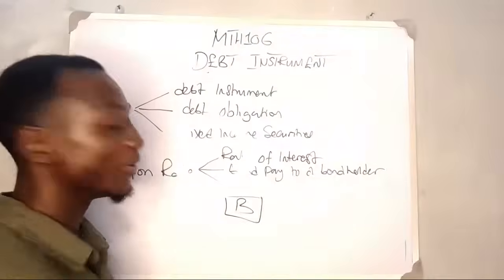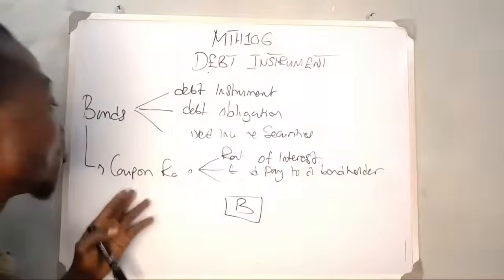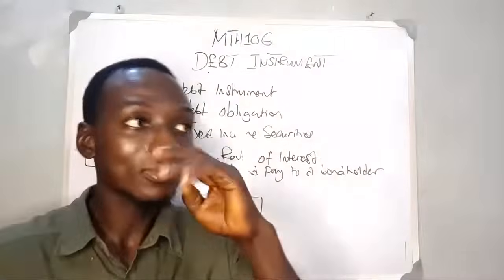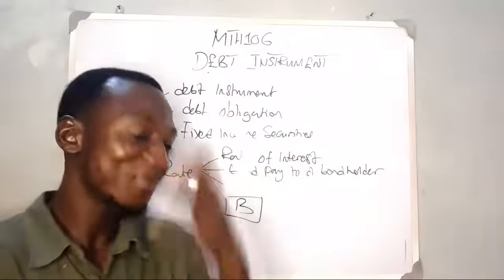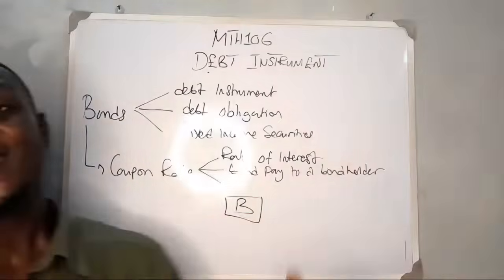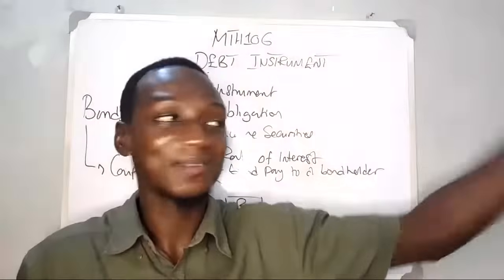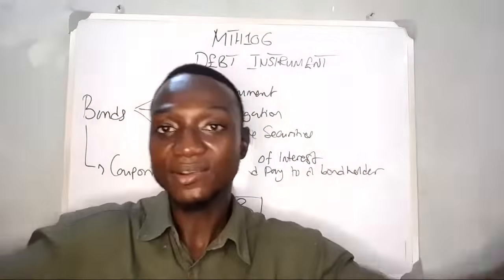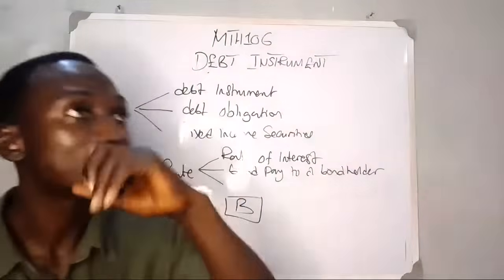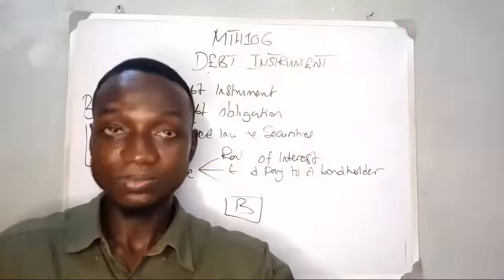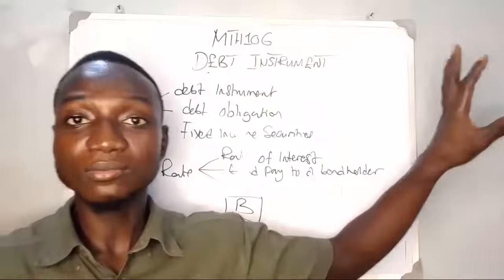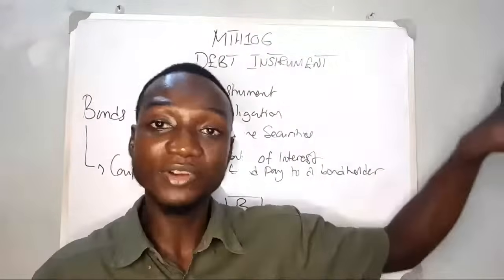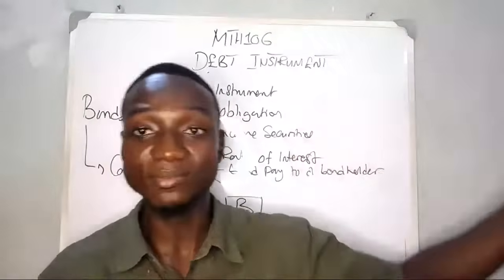I want to explain this coupon using the African University of Science and Technology here in Abuja, a school owned by different African countries. The students are on scholarship. I think the ladies are given 100% scholarship, and the guys maybe 50%.